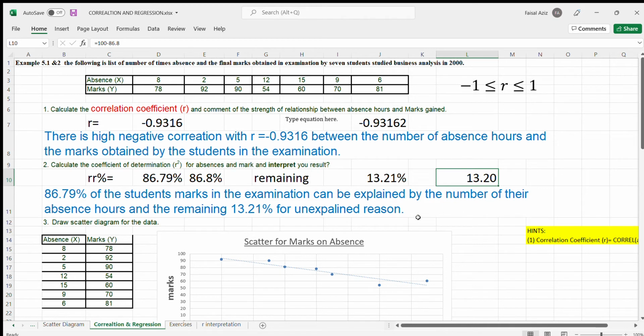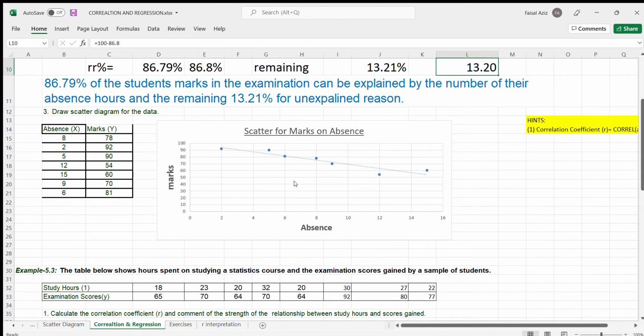So the model, or this equation, later we will see how to calculate the regression equation for this line, but as of now, the important point to understand is that the model explains 86.79% of the variations. The remaining variation, which is 13.20, the model is not explaining.